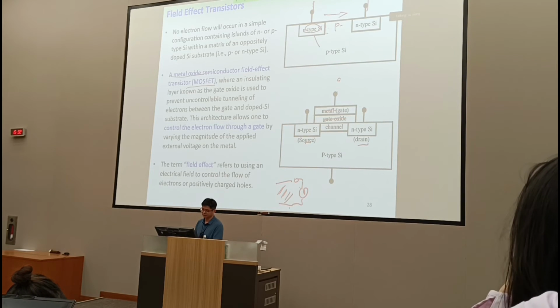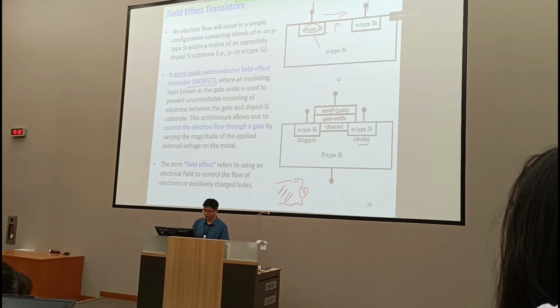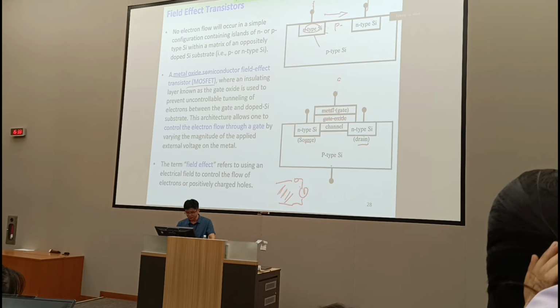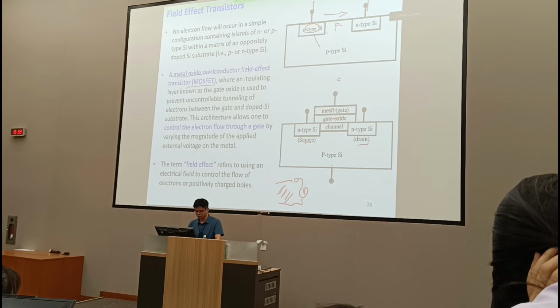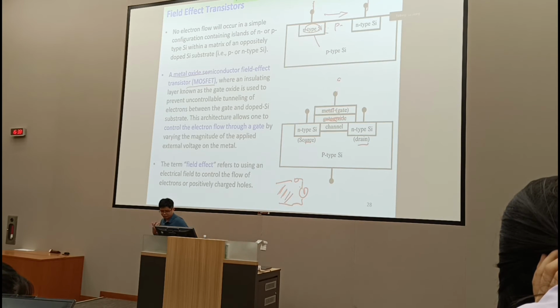Basically, it is a capacitor. You can charge these two materials, right? But the gate oxide basically prevents electron tunneling between the gate and the p-type silicon.